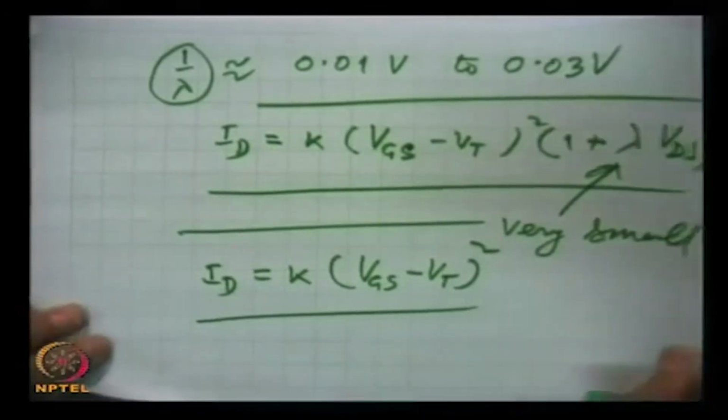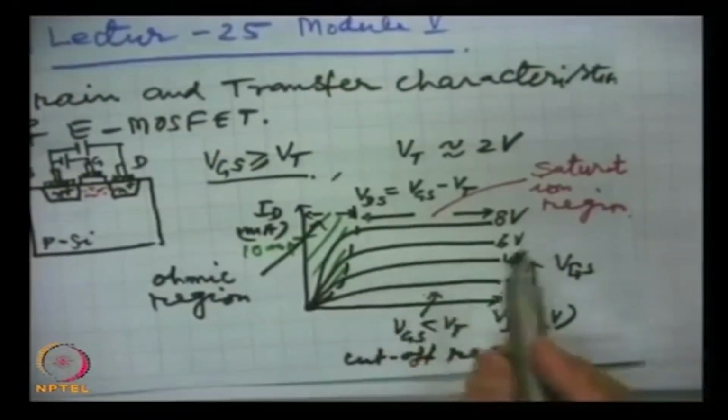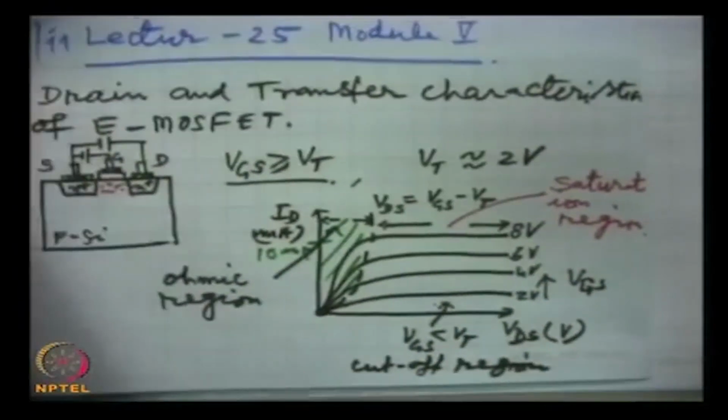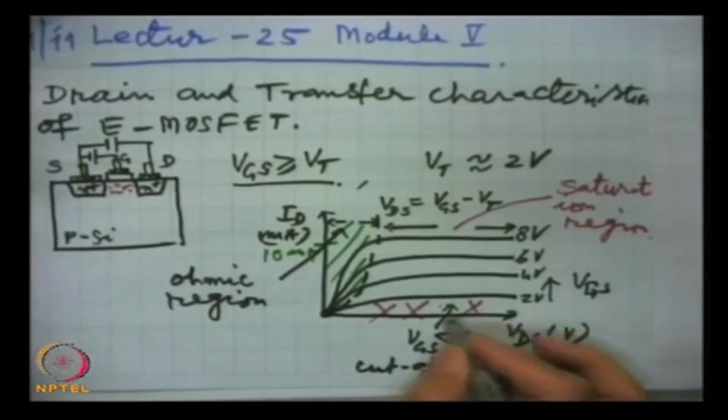And finally, in these characteristics, there is a cutoff region. We said that characteristics can be divided into 3 regions: the ohmic region, the saturation region, and here is the cutoff region.